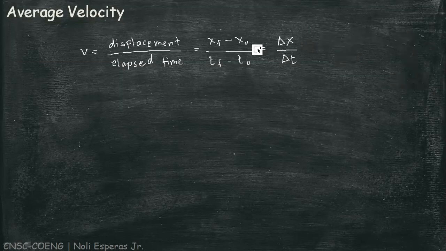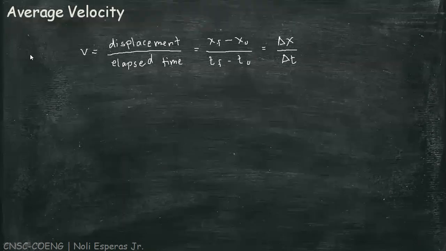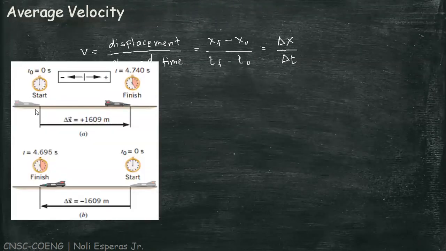Okay, so let's consider this example. We have here a car testing its speed, and to do that, it makes 2 runs throughout the course. In the first figure, the car first travels from left to right and covers a distance of 1,609 meters within 4.74 seconds.